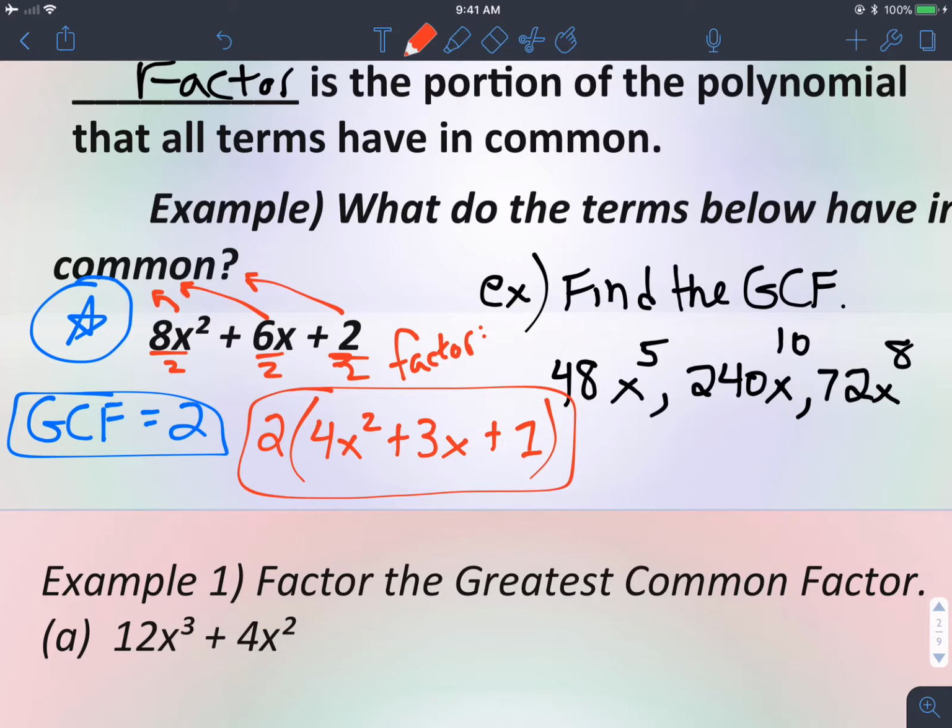All right, as far as the x's go, it's 48x to the 5th. That means there's 5 x's. 240x to the 10th, like you could think of it as like 10 x's being written out. And then 72, there would be 8 x's written out, x to the 8th. Well, how many x's do they have in common? They have x to the 5th in common.